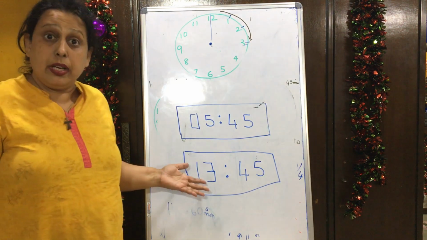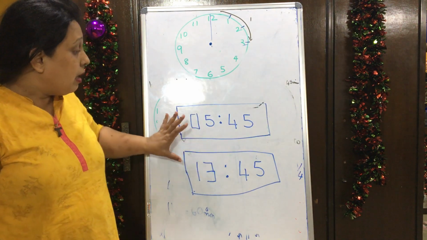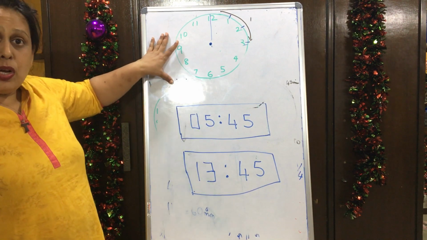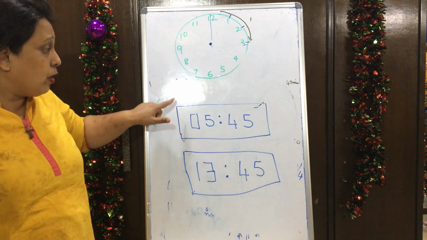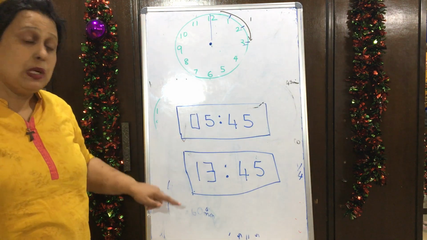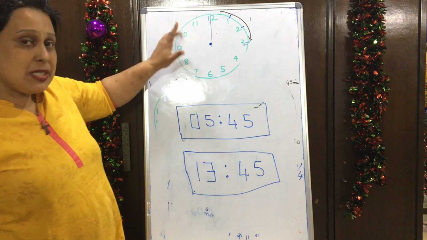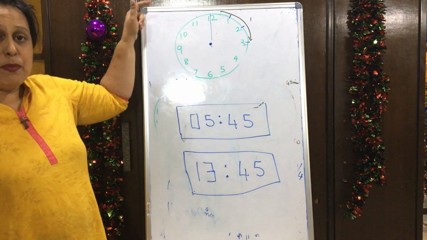Now what is 13:45? So this we will learn a little later. But this is called a digital clock and this is called an analog clock. This is a 24-hour clock. It goes from 1 to 12, from 12 to the digit 24. Okay? But this moves only from 1 to 12 and then again it moves around.